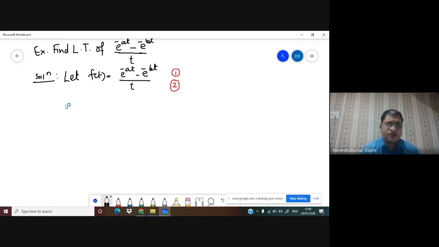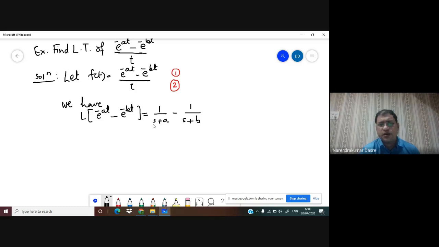What we have is the Laplace transform. As I have told you already, do not separate the terms in the numerator. So the numerator we have to treat as one term. So e raised to minus at minus e raised to minus bt, and what you get here is 1 upon s plus a minus 1 upon s plus b.